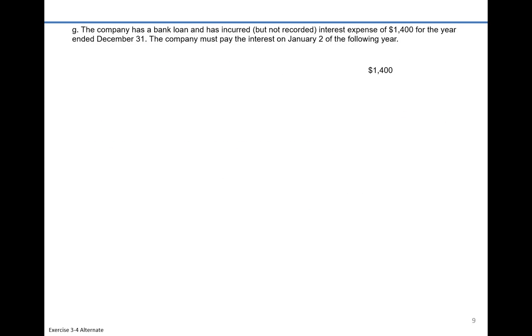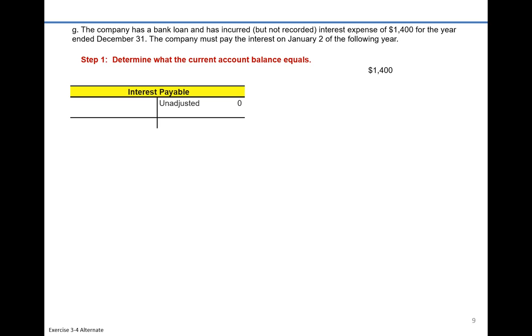So for G, the company has a bank loan and has incurred but not recorded interest expense of $1,400. That's for the year ended December 31st. The company must pay the interest on January the 2nd of the following year. So we got to take a look at some things here again. Determine what the current account balance equals.